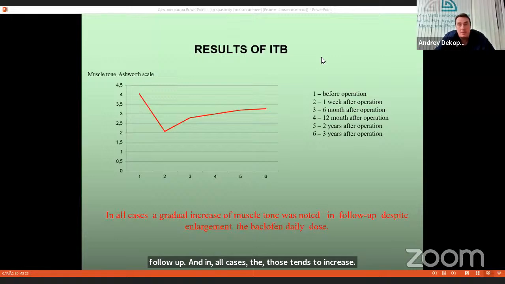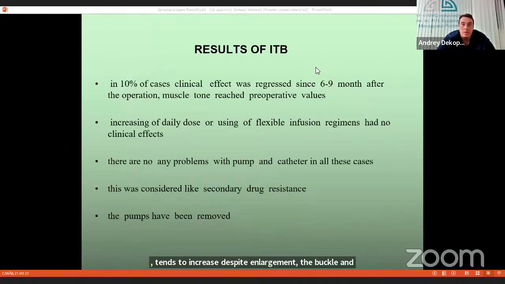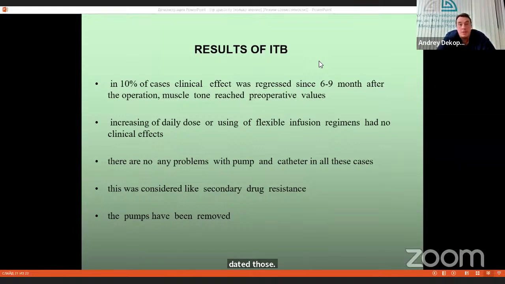The dynamic of muscle tone after pump implantation. During the first year after the operation, we observe decrease of spasticity, but subsequently muscle tone tends to increase, despite enlargement of the baclofen daily dose. In 10% of cases after pump implantation, we have revealed secondary resistance to ITB.